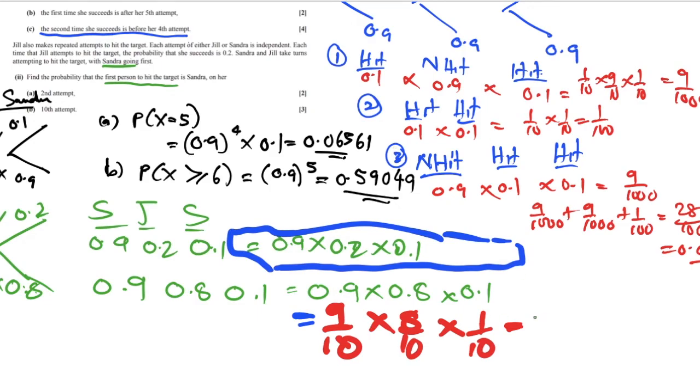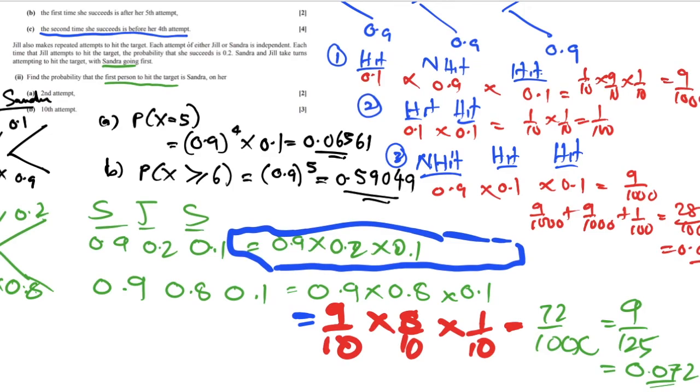Okay, 9 times 8 is 72 over 1000, which I can simplify by dividing by 8, and that is 9 over 125, and the answer is 0.072.